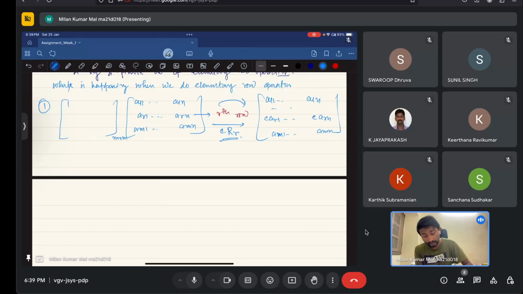That is equivalent to multiplying this m by n matrix by an elementary matrix.